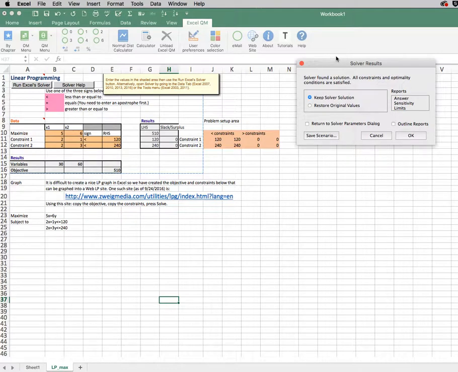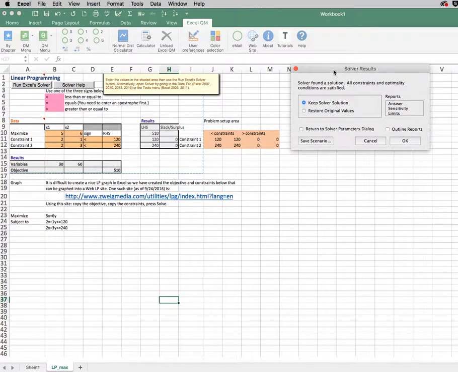And then you're going to get another drop-down menu. But before I get there, you can see, what's my optimal solution? What's my optimal output solution? I'm going to produce 30 of X, 60 of Y, and my profit maximization is 510.